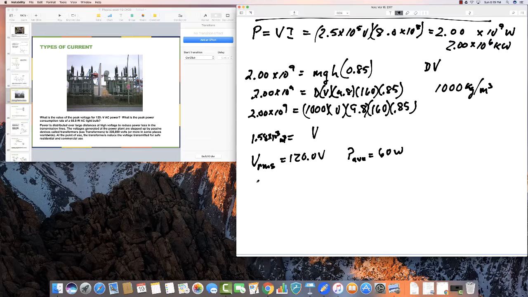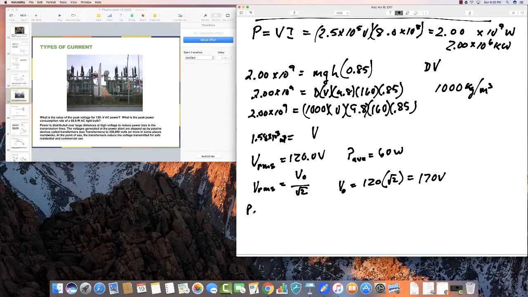The root mean square voltage is equal to the maximum voltage divided by the square root of 2. And so that means the maximum is going to equal 120 times the square root of 2, or approximately 170 volts.